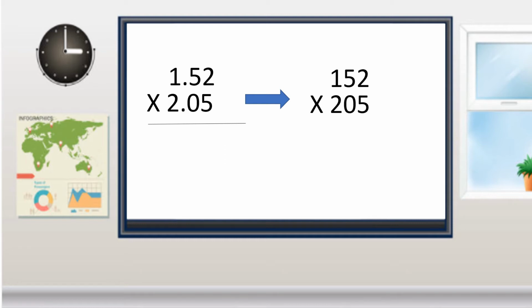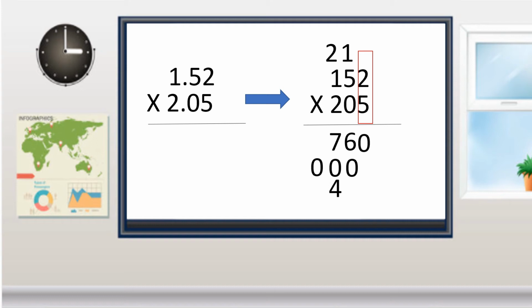So, multiply first the last digit. 2 times 5 is 10. 5 times 5 is 25 plus 1 is 26. Then 5 times 1 is 5 plus 2 is 7. Next, 0 times 0 is 0, 0 times 5 is 0, 0 times 1 is 0.